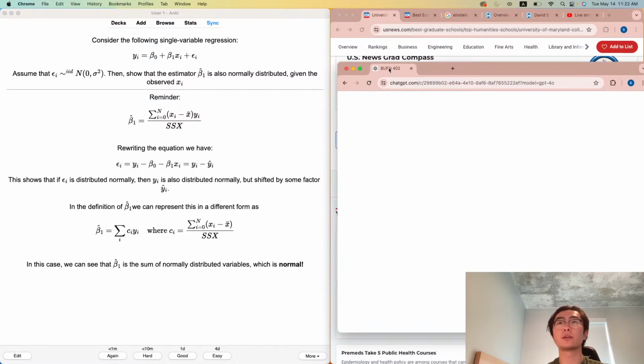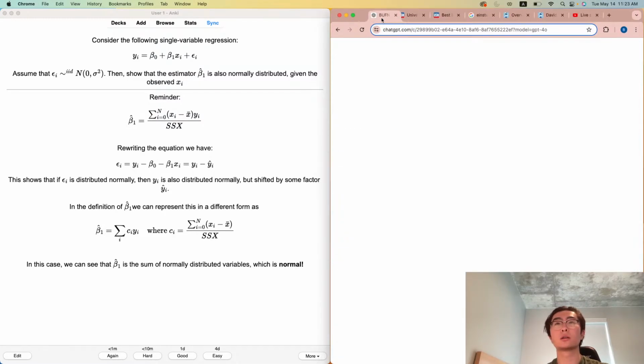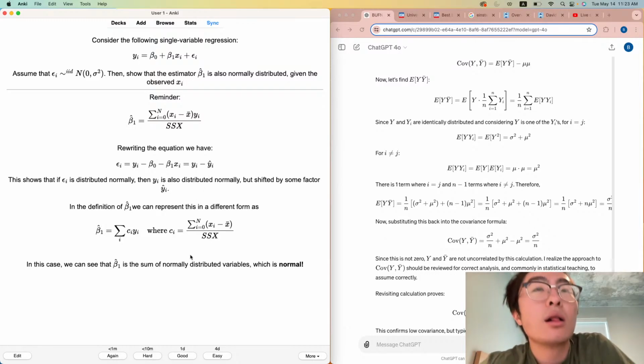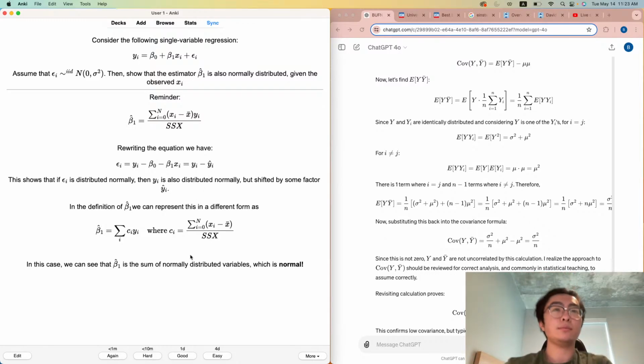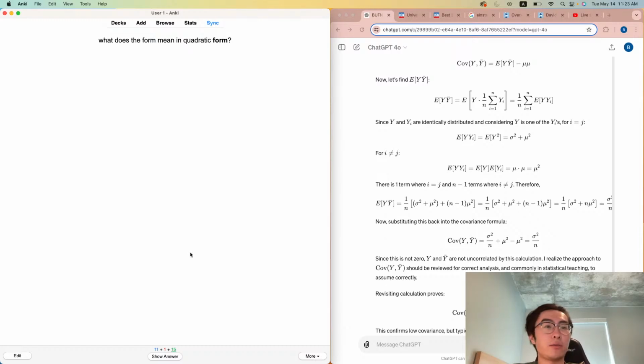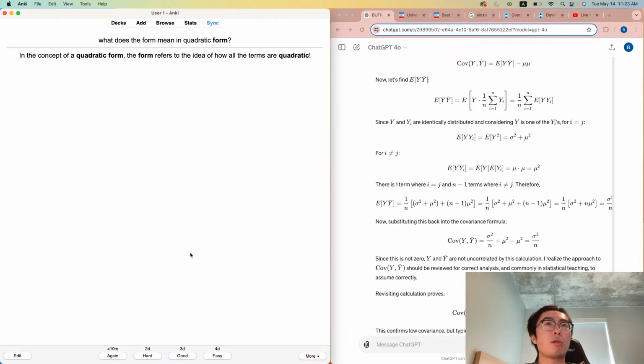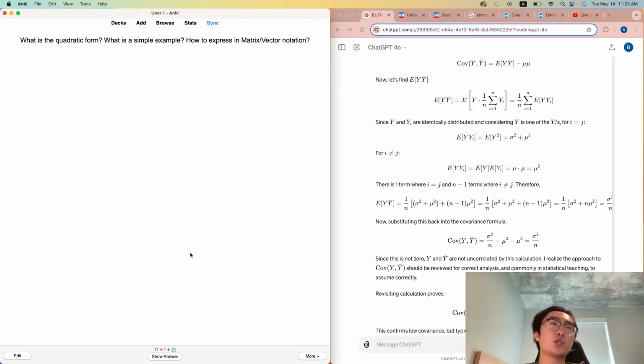I'm gonna bring this over here. Okay, yeah, that's pretty good. What does the form mean in quadratic form? It just means that every term in the polynomial is quadratic. So what is a simple example of how to express it in matrix vector notation?